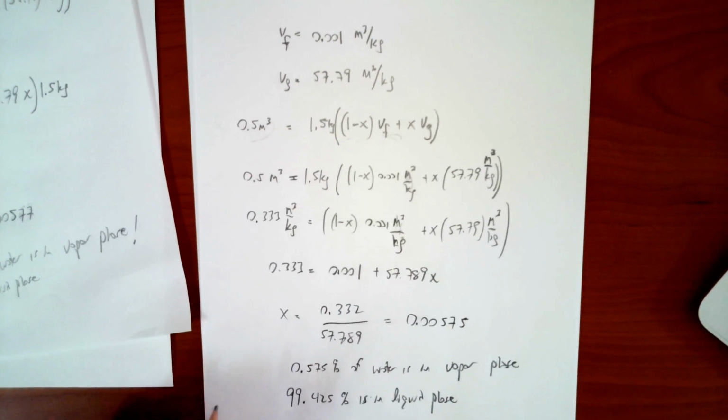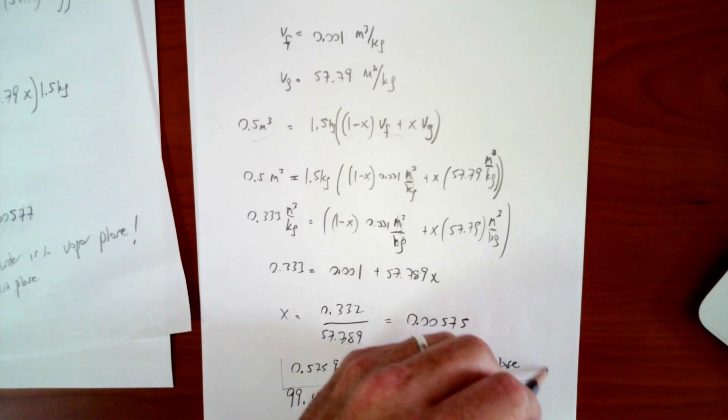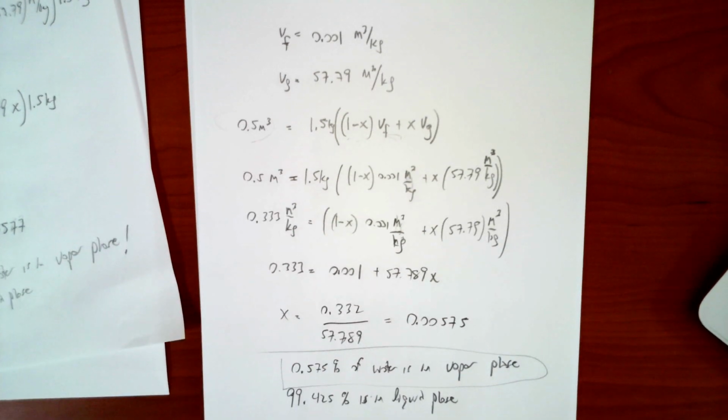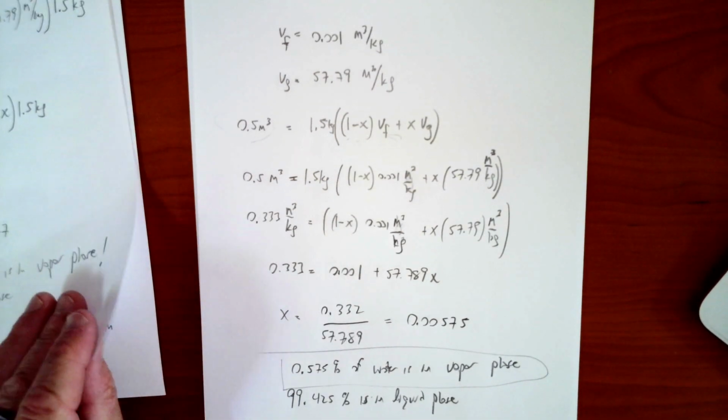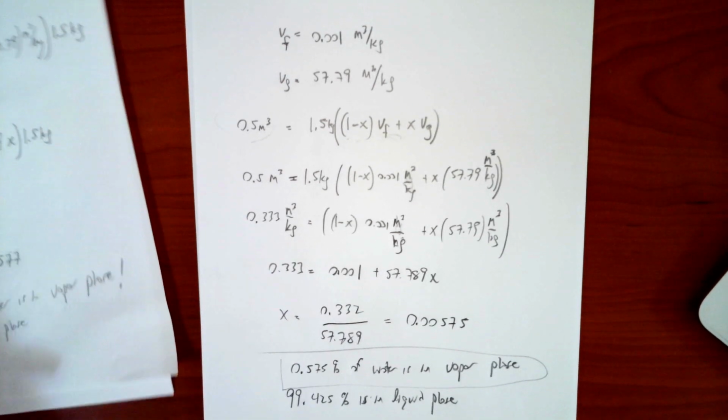So that's how much mass fraction is in gas versus liquid. A very tiny fraction of the water boils, but that boiling does cause the pressure to change in the box. Instead of being vacuum pressure, it's the saturation pressure.